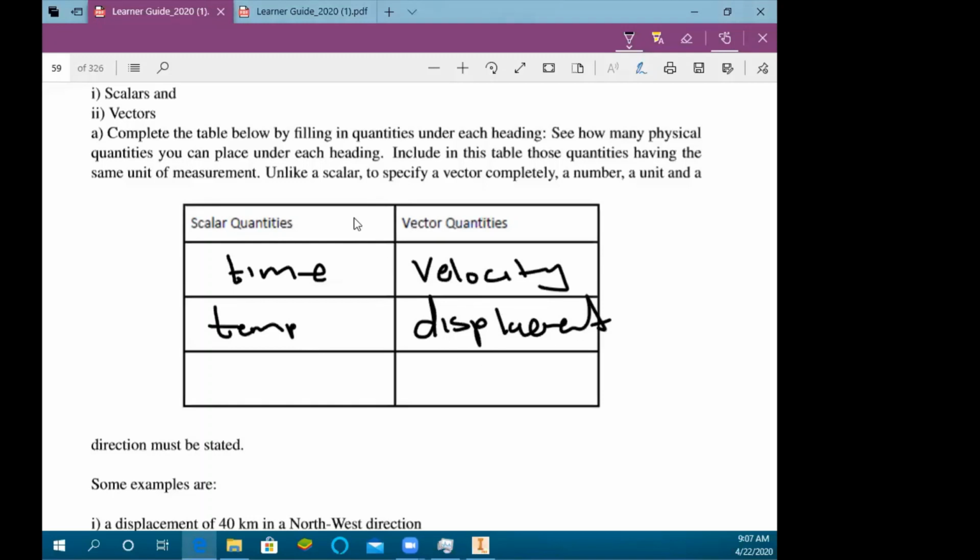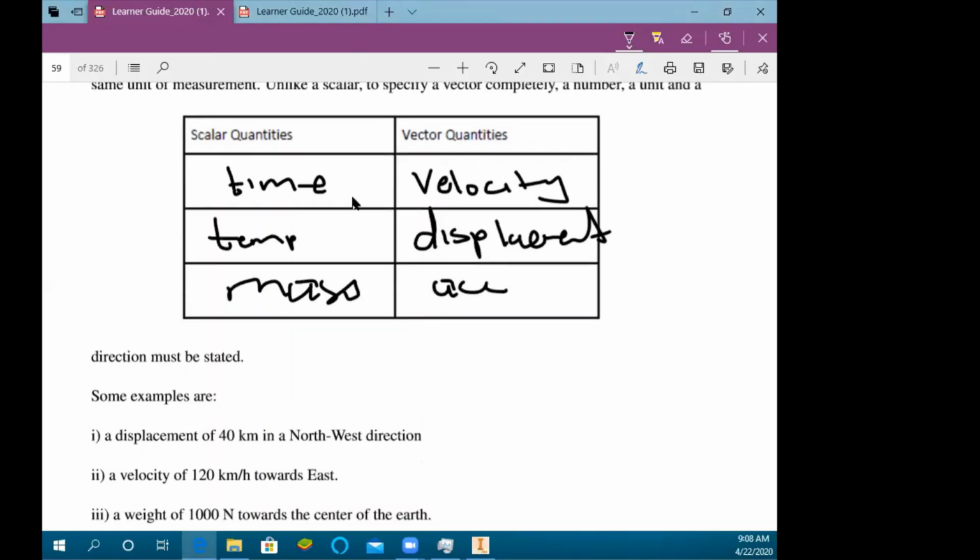Then 27722. Okay, I think you can't hear me. I'm just going to finish off here. I have mass, and then another vector quantity, acceleration here, right? Yes. Okay, great. Let's continue.